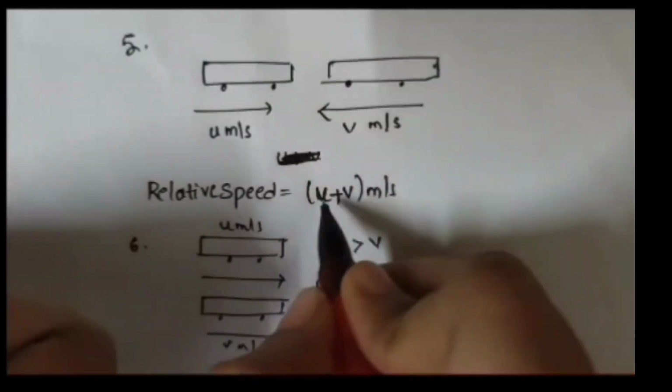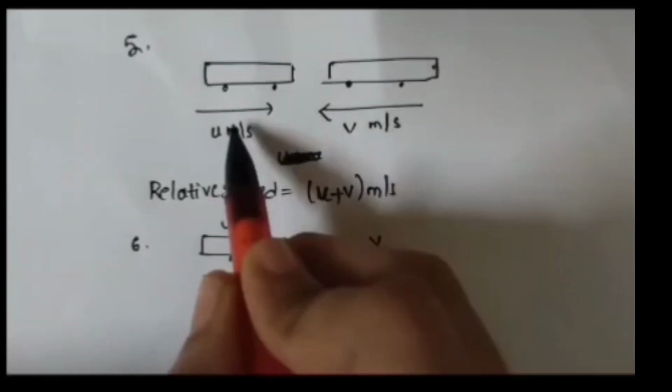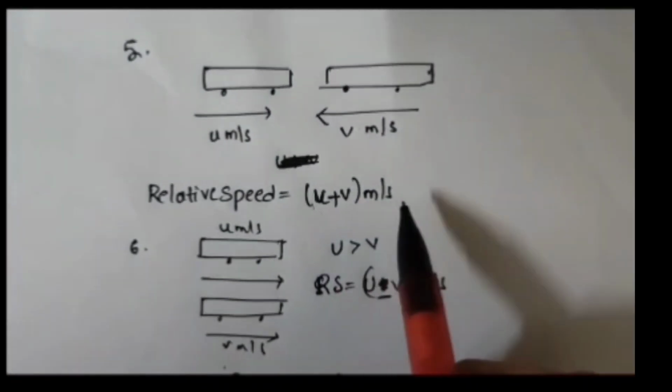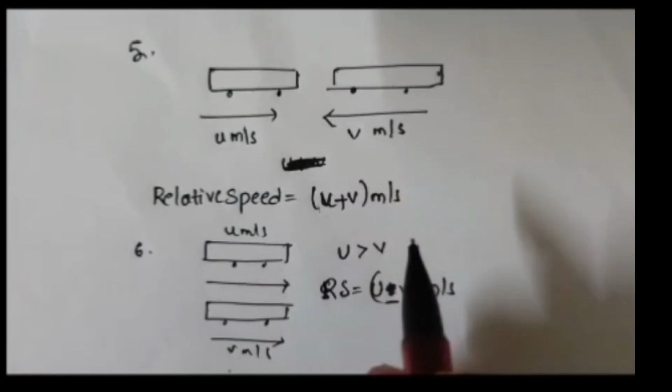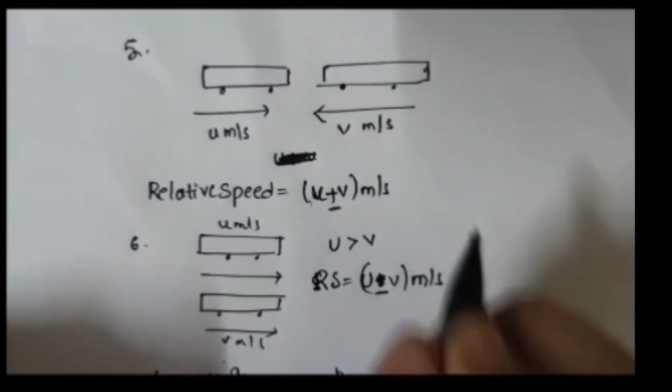For two trains, the relative speed will be u plus v, the speed of the first train plus the speed of the second train. Remember, when they are coming in opposite directions you need to add.